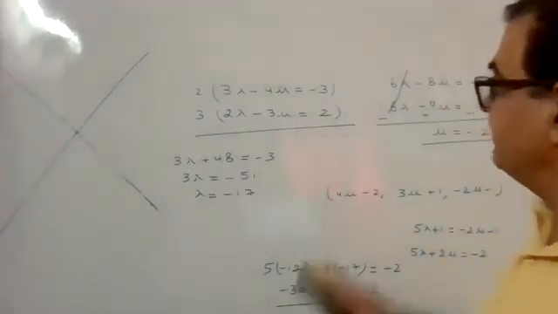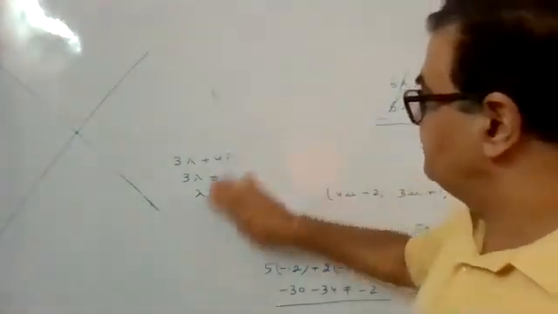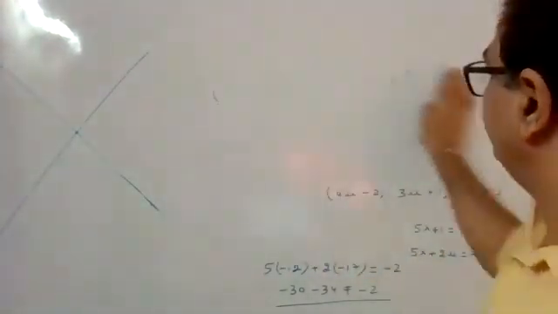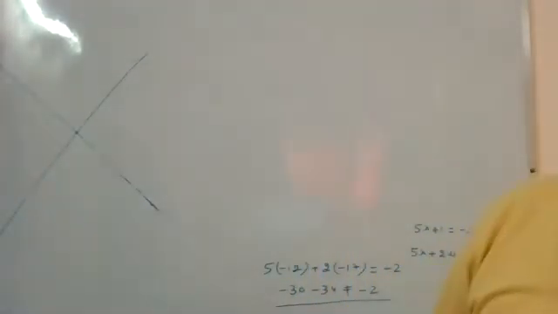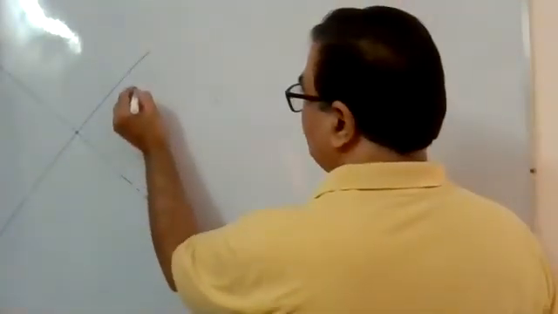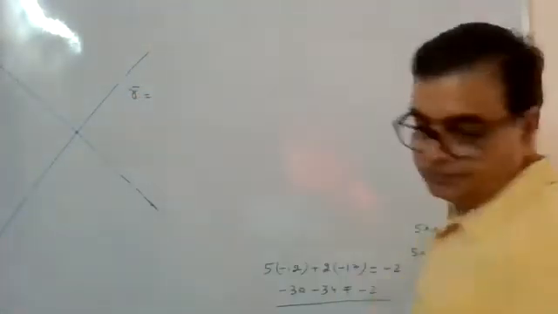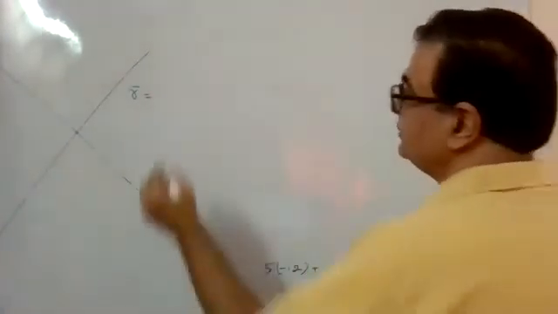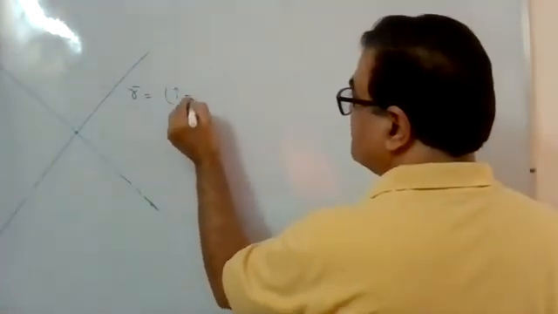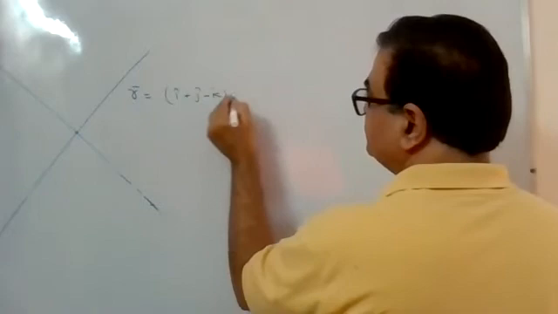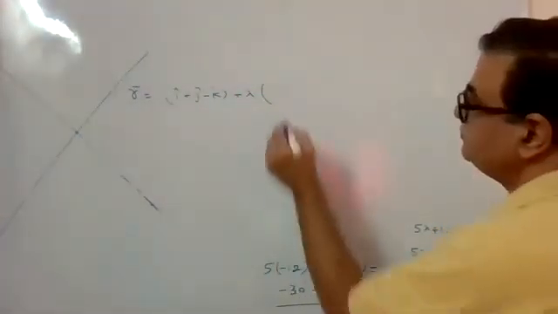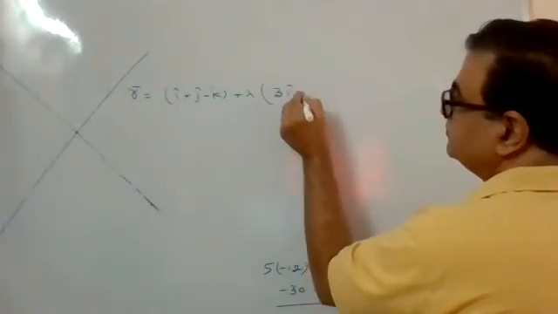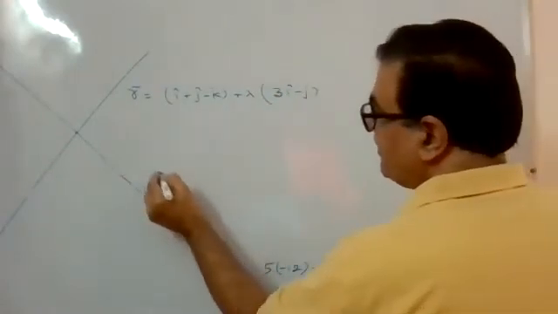Next question is, again check whether the lines intersect or not. Now this time the lines are given in vector form. R vector equal to i plus j minus k plus lambda times of 3i minus j.